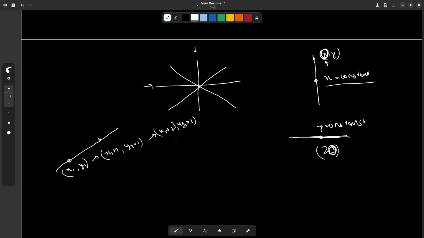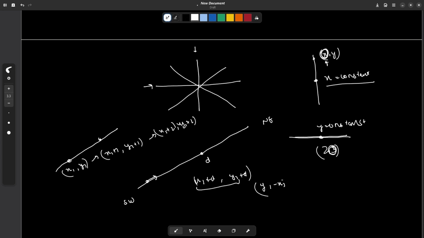So this is what will happen when all the points are on a straight line like this, which is running from southwest to northeast. So if I am at a point and I move to the point just next to it, it will be (x1 plus 1, y1 plus 1). So after some distance d, the coordinates will change to (x1 plus d, y1 plus d). And no matter what distance I move, the difference between these two coordinates will be y1 minus x1.